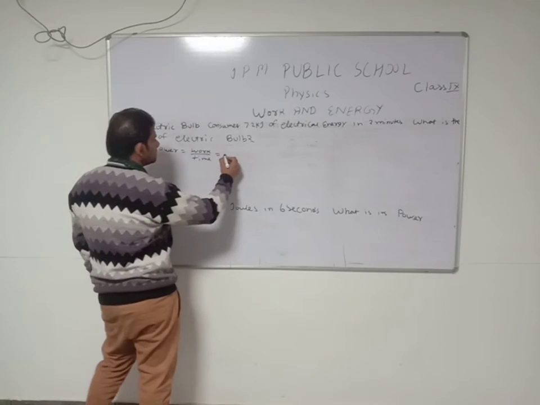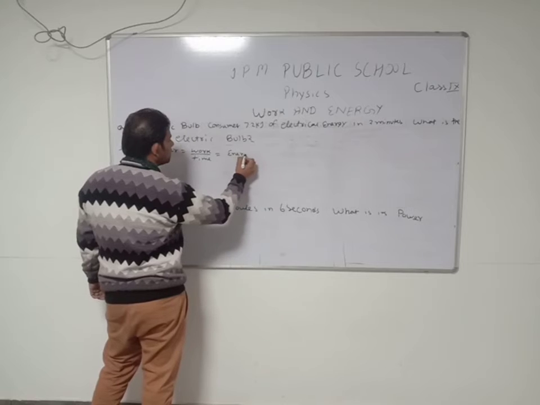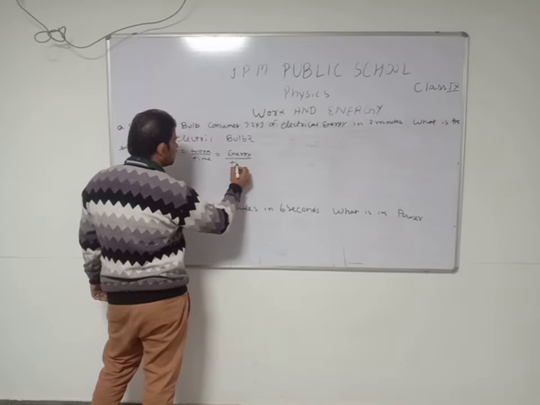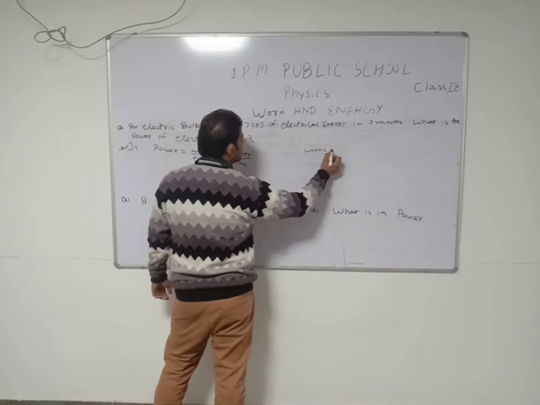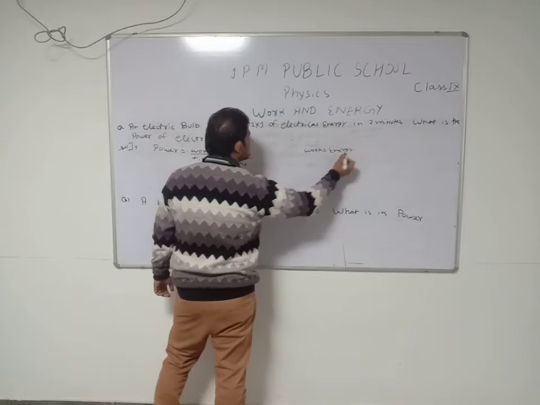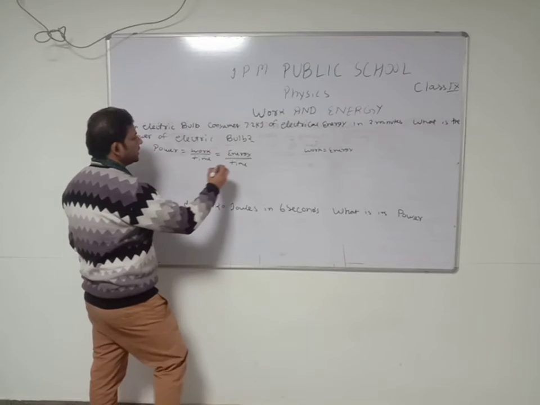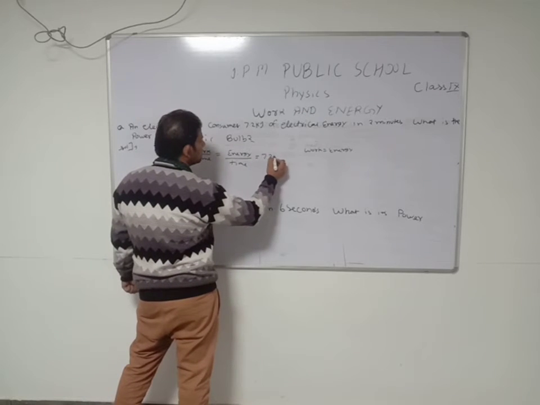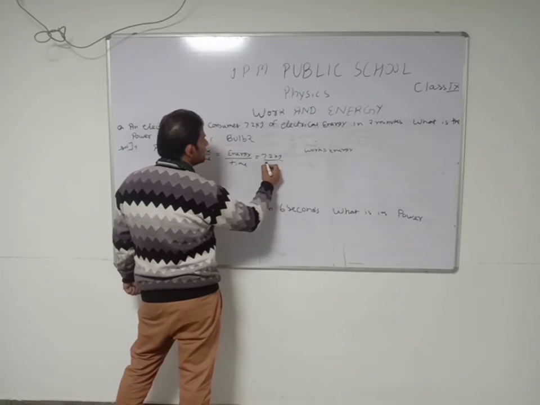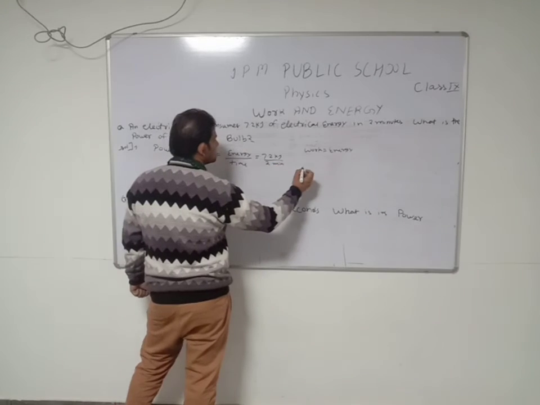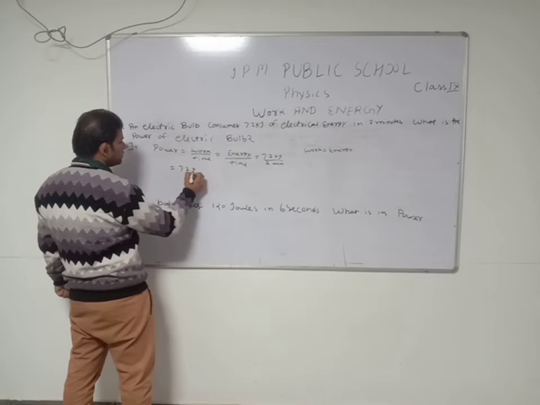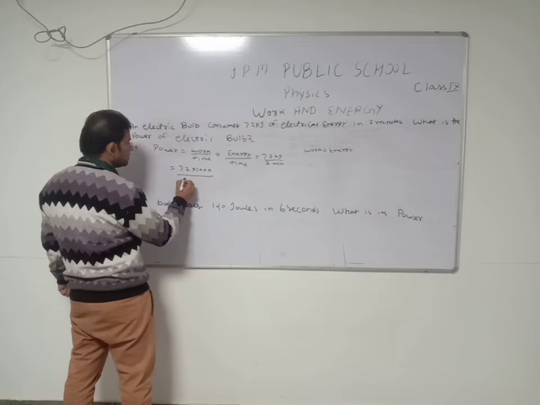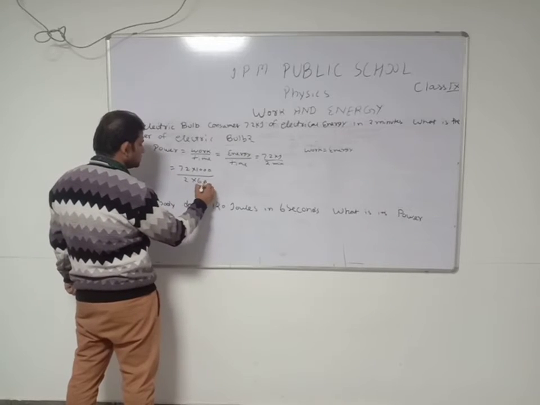It means work equals energy, so power equals energy upon time, where energy is 7.2 kilojoule and time is 2 minutes. Kilojoule is converted into joule, so 7.2 is multiplied by 1000, and 2 into 60.